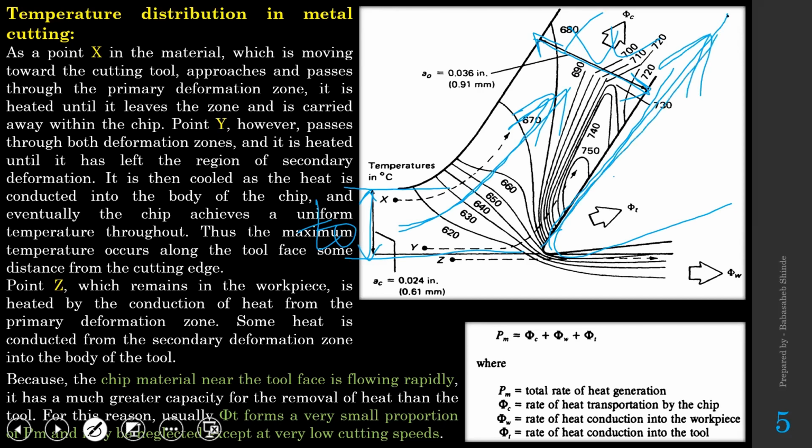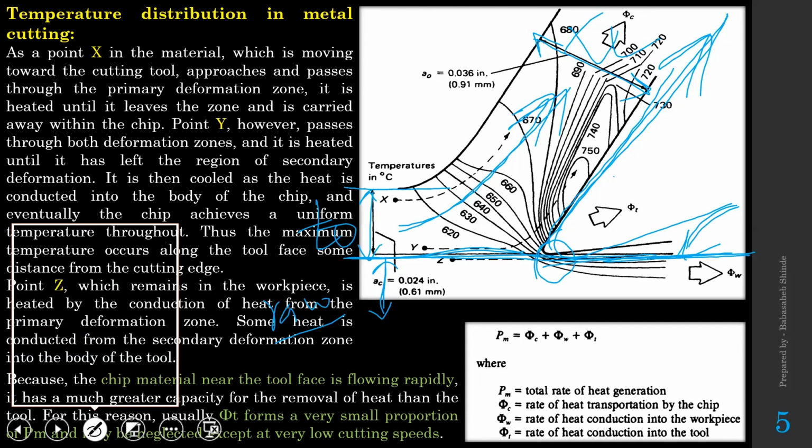This is the rake face. Okay, and below this horizontal line is raw material that is not going to be cut at all. And if you follow this horizontal line beyond this point, you will get the finished workpiece surface.